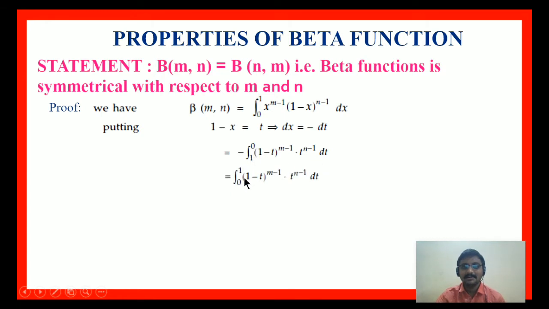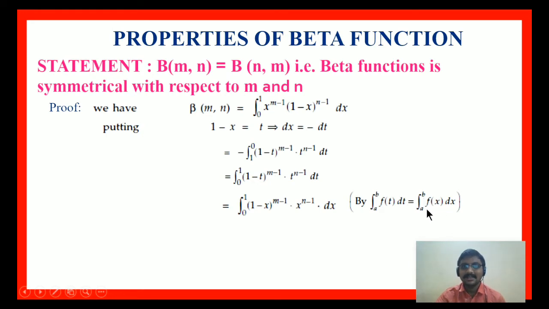So we will have the integral 0 to 1, (1 minus t) whole power m minus 1, t power n minus 1 dt. Now throughout the integration, just replace t with x. The value does not change because the integral a to b f of t dt is the integral of a to b f of x dx.